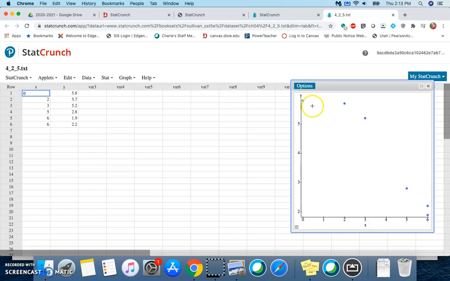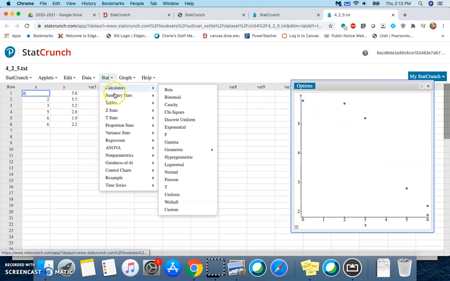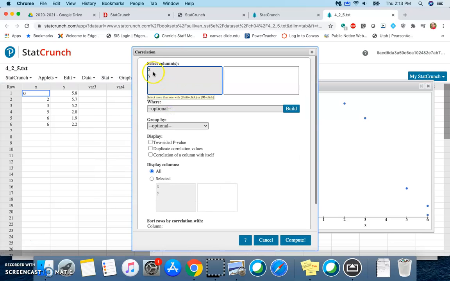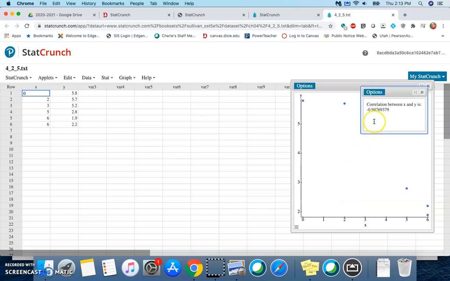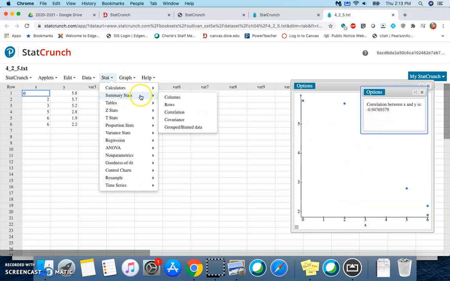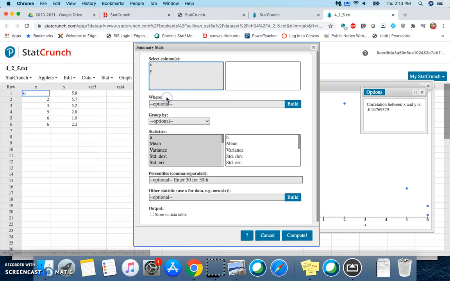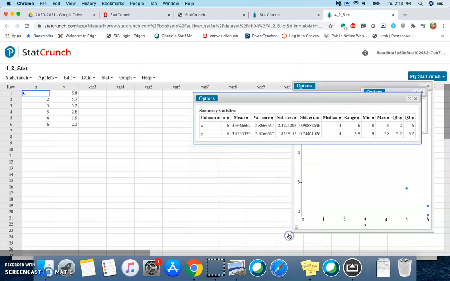It definitely looks like there is a downward trend. So we'd have some negative correlation going on here. If we needed to, we could find out exactly what that correlation is. Okay, so it's pretty strong negative correlation. And then we could also find the mean and the standard deviations.